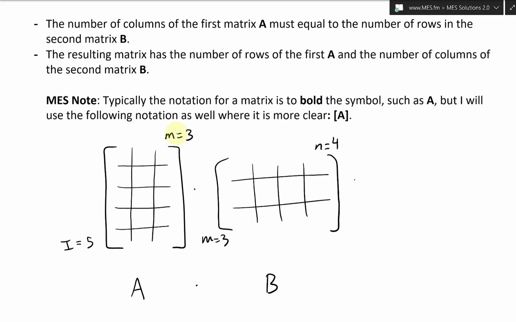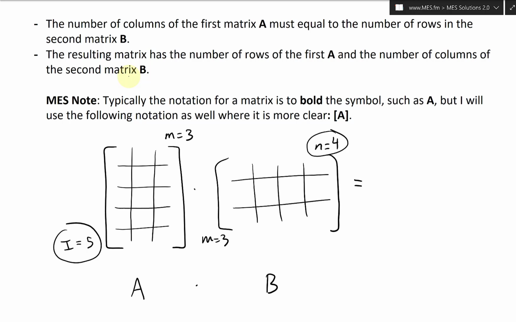This has to equal, now let's take a look at the rules. The resulting matrix has the number of rows of the first, A. So in other words, this has to have I is 5. And the number of columns of the second matrix B. Number of columns is 4.